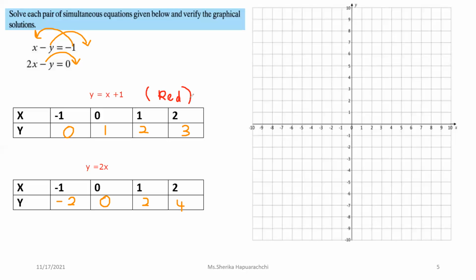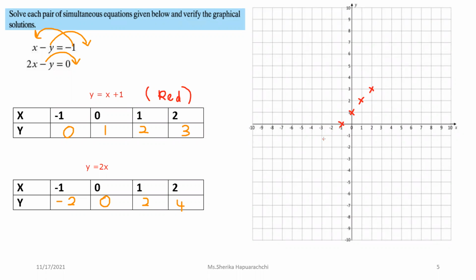My first graph. Okay, my coordinates are -1, 0, then 0, 1, then I have 1, 2, then 2, 3. So these are my points. Now I will join these points.